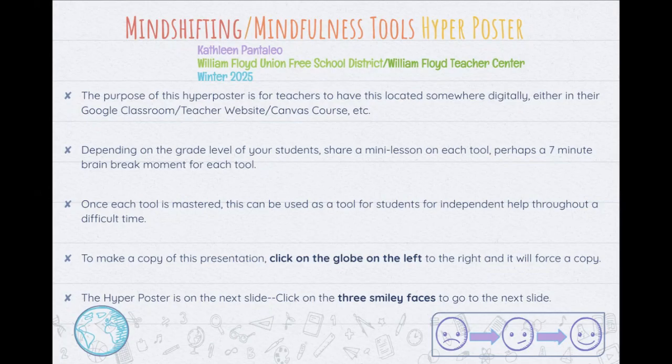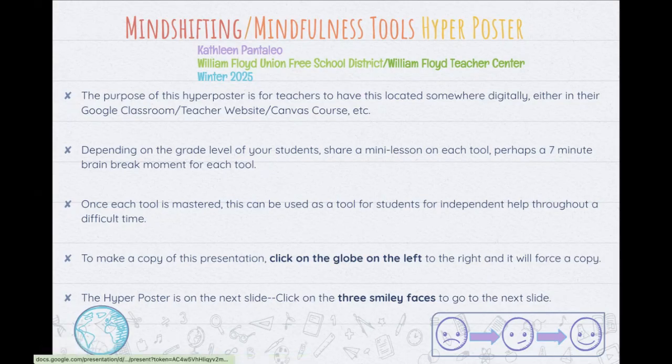Depending on the grade level, you could do a mini lesson for each one of these, maybe like a 7-minute brain break. Once every tool is mastered, it could just sit in that Google Classroom or in your Canvas classroom, and the kids can use it whenever they need it. If you want to make a copy of it, you would just click on the little world and it would open up in a forced copy link.